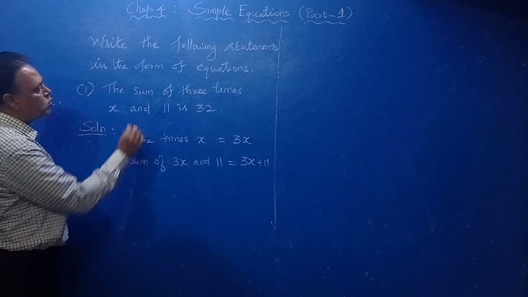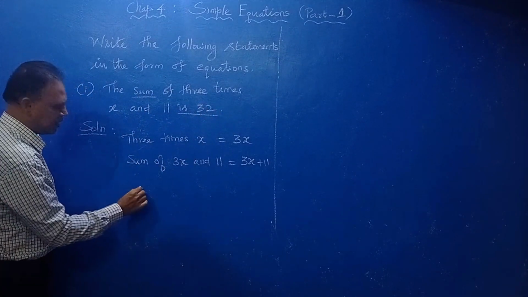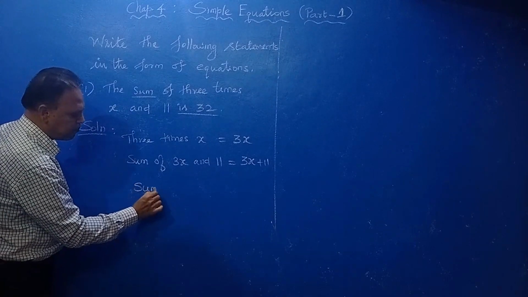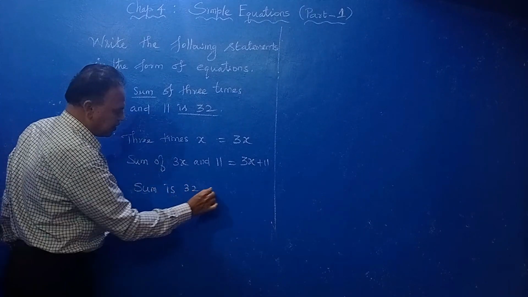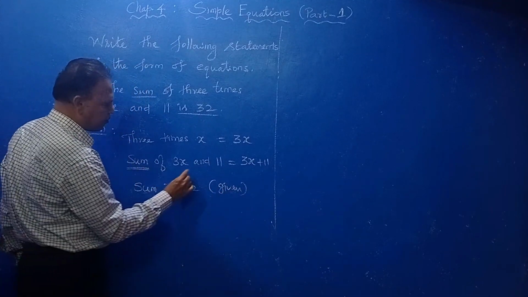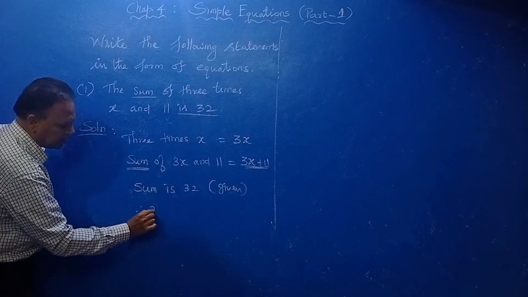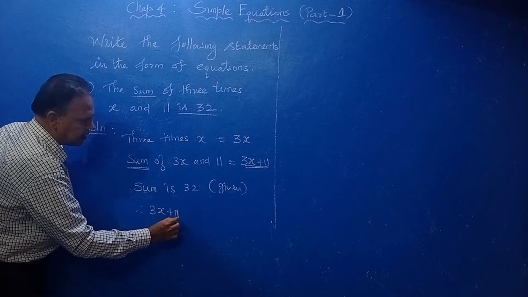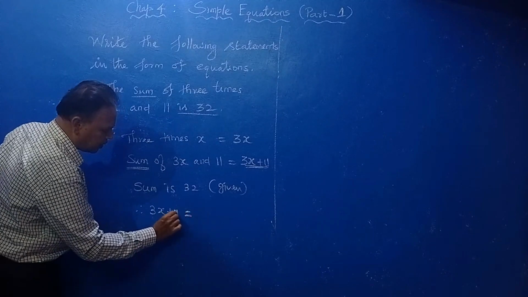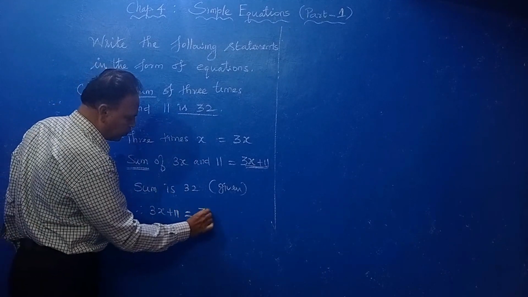Both sum means plus. The sum is given as 32. Therefore, this can be written as 3x plus 11 is equal to 32.